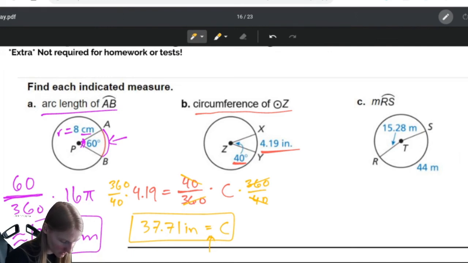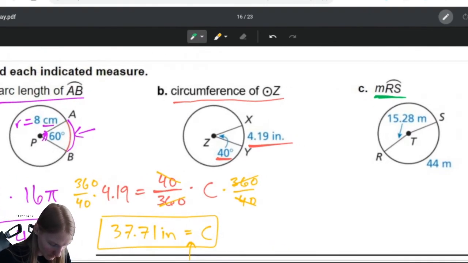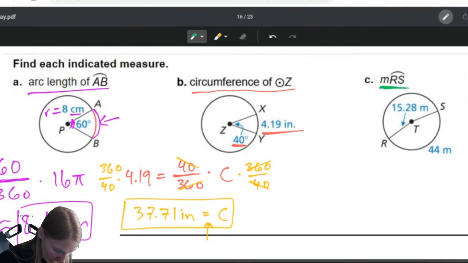Now we want to know, different color, the measure of arc RS. So remember, here's 44 meters. That's our arc length.